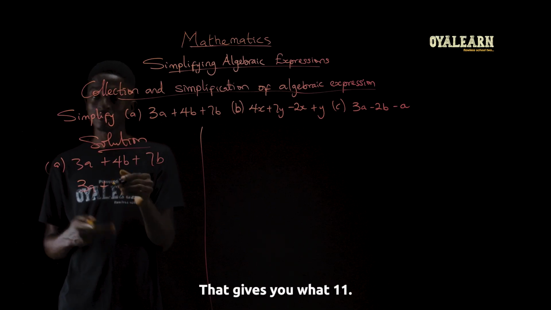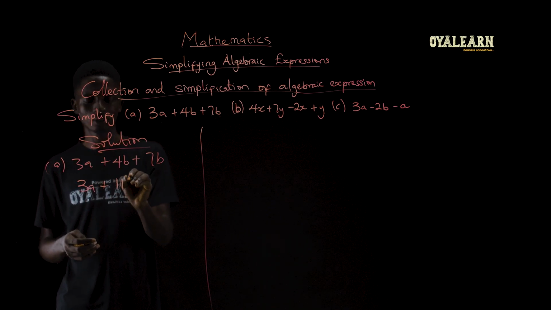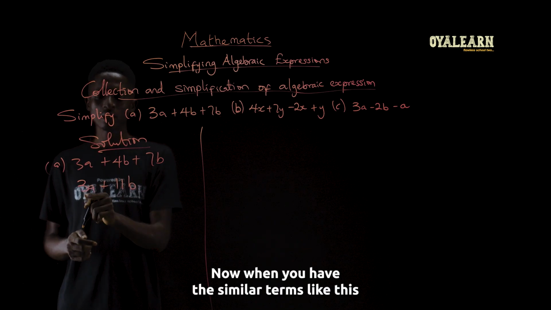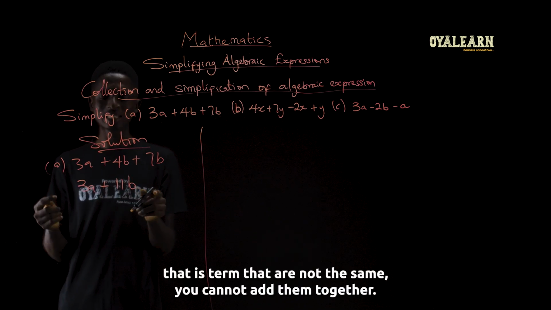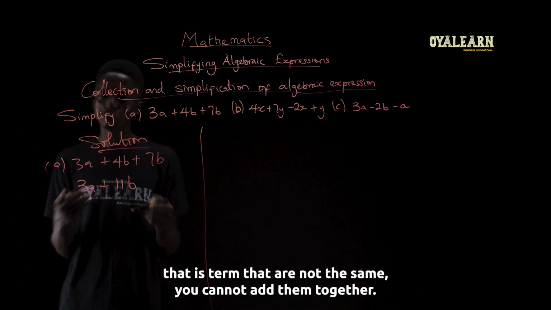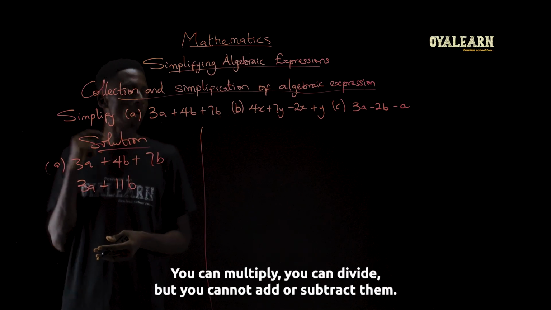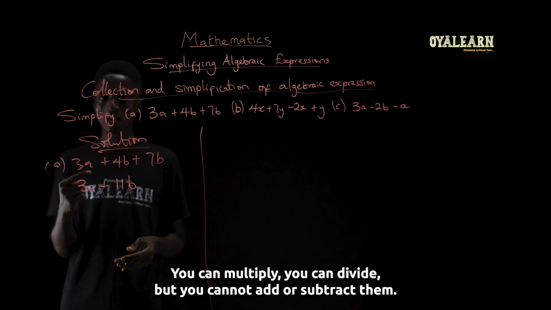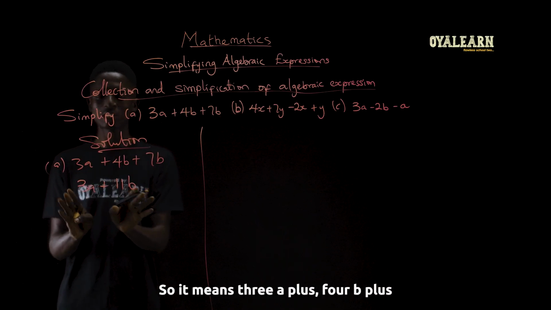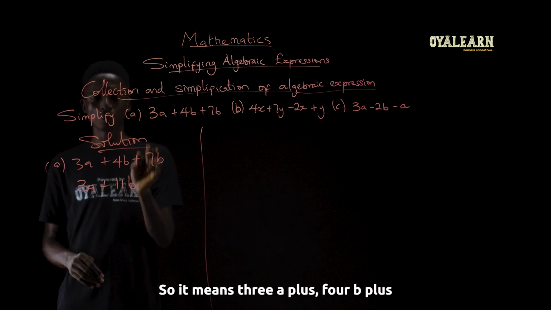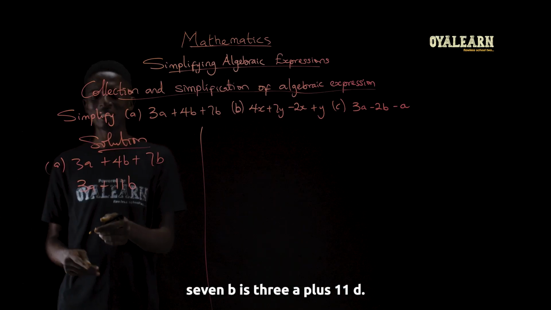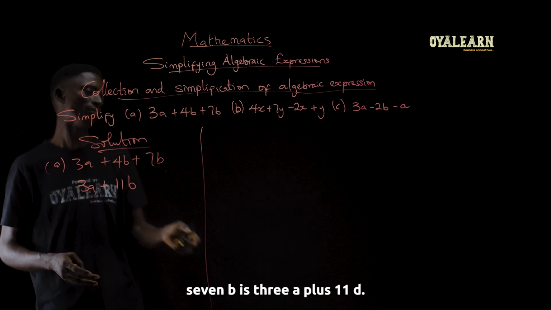That gives you what? 11. Now when you have terms that are not the same, you cannot add them together. You can multiply, you can divide, but you cannot add or subtract them. So we always leave it like this. So it means 3a plus 4b plus 7b is 3a plus 11b.